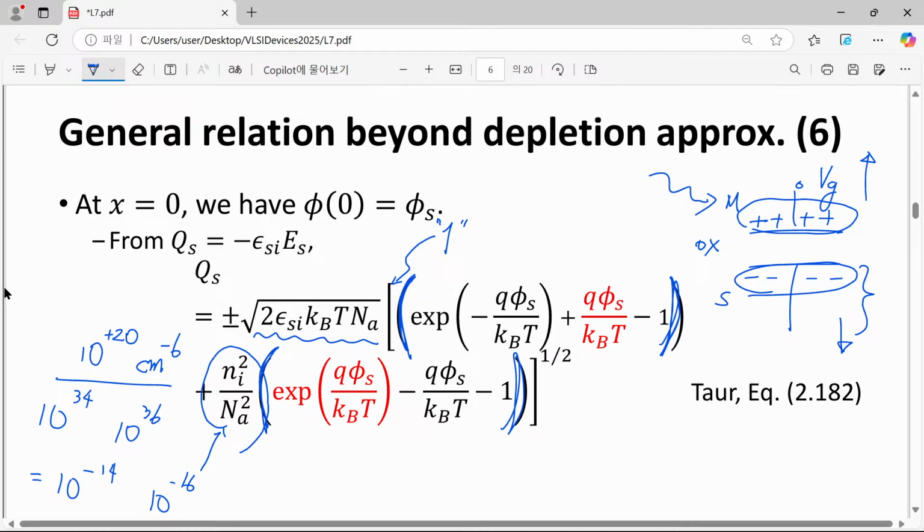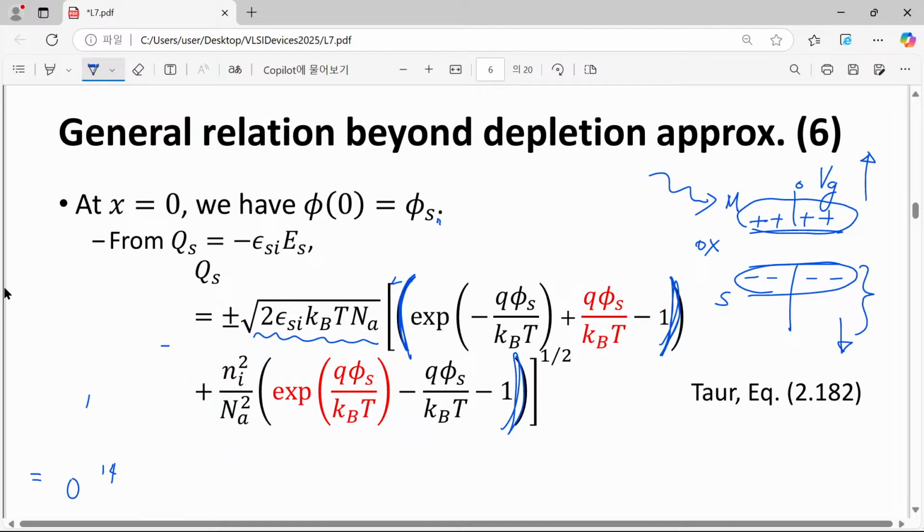The second parenthesis has a really huge penalty factor, like 10 to the minus 14 or 10 to the minus 16. So which one is the possible candidate for the second term to overcome this huge penalty factor? Only this guy can possibly contribute to its magnitude.